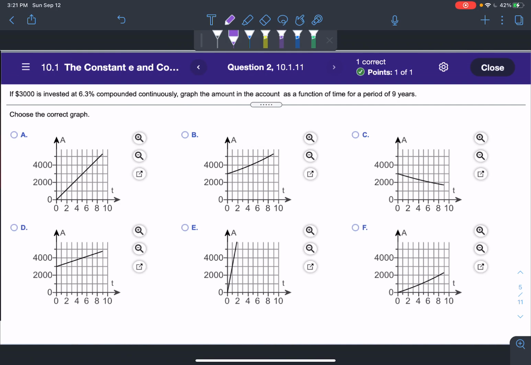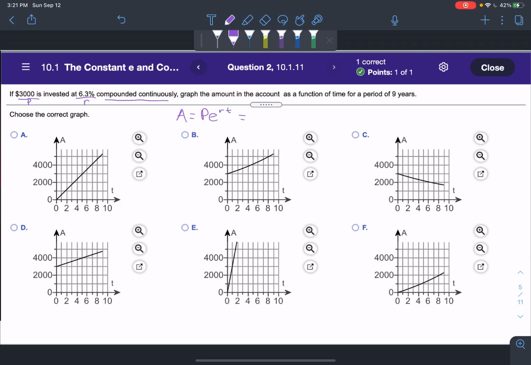All right, so here's a different question, but still related. We have a principal amount of $3,000 invested at a rate of 6.3%. We know that it's compounded continuously, so it takes on the form A equals P e to the rt.